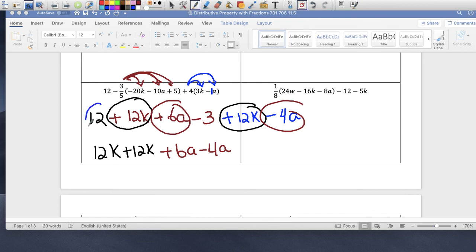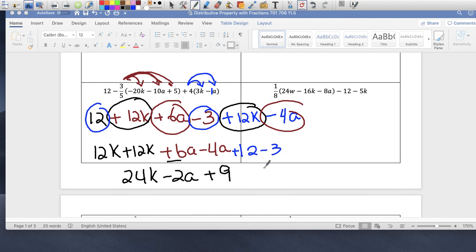Blue. I get this 12 and then minus 3. 12 plus 12 minus 3. Now it's simple, right? So 12k plus 12k is 24k. That's easy. 6a minus 4a is just 2a. And then 12 minus 3 is just positive 9.